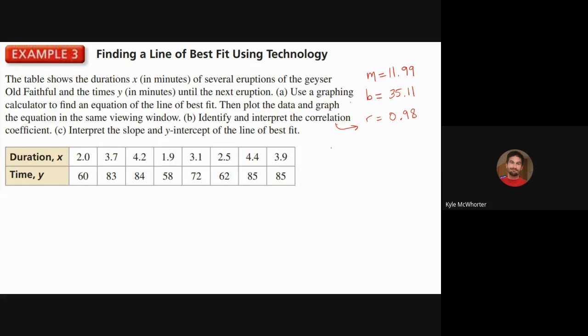That means that the model y equals 11.99x plus 35.11 is a good fit. A strong, positive correlation.